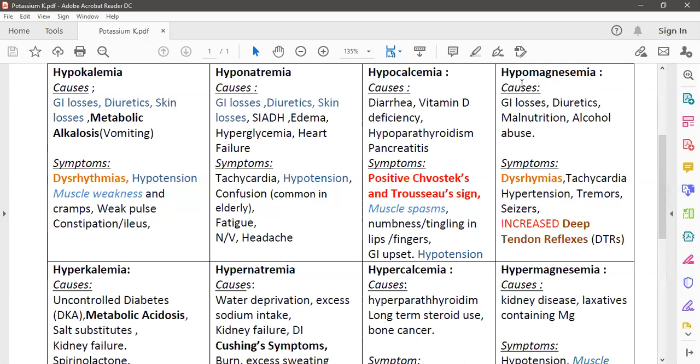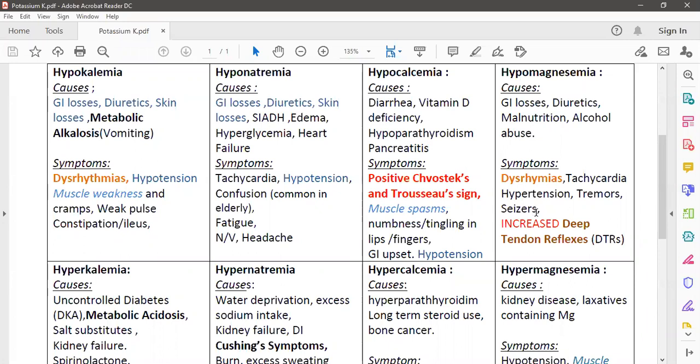The same in a patient who has hypomagnesemia: positive Chvostek sign, positive Trousseau sign, and positive tetany. Tetany means involuntary movement of muscle, convulsion.